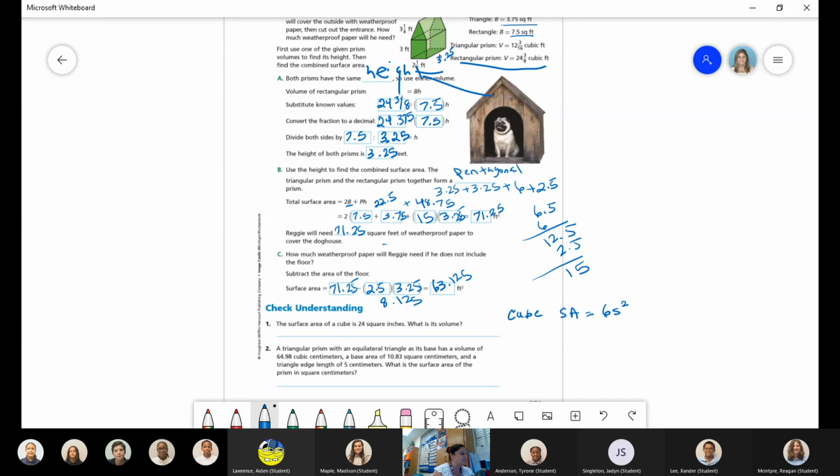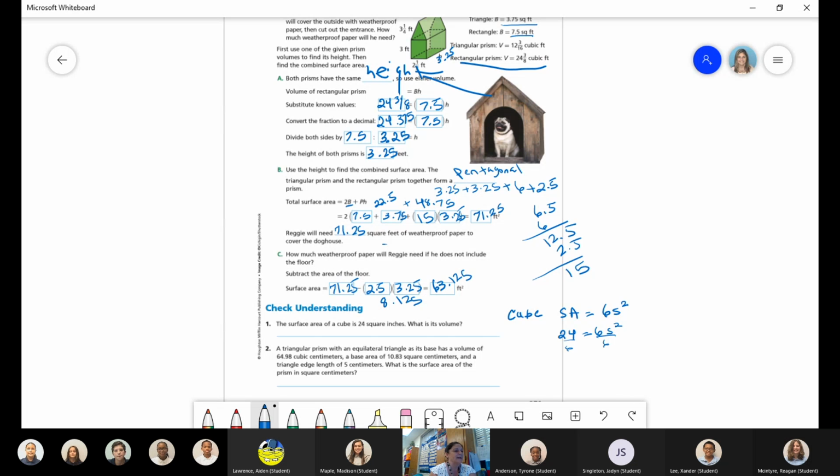All right, so use that information. We know the surface area is 24. So 24 equals 6s squared. So what do we need to do? Divide. Yep. Divide by 6.